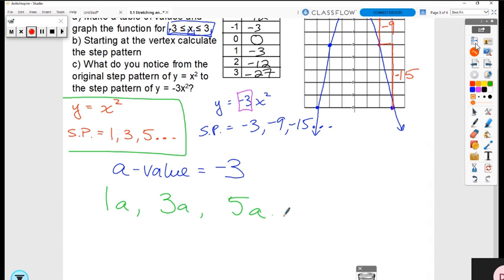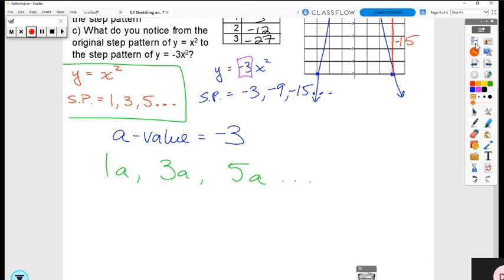Because it was both Lauren and Vu that said, hey, we're just taking that original step pattern and it's multiplied by negative 3. Or I think it was Will, sorry. So we're just going to grab the A value from our quadratic, and we're going to do exactly what they said.